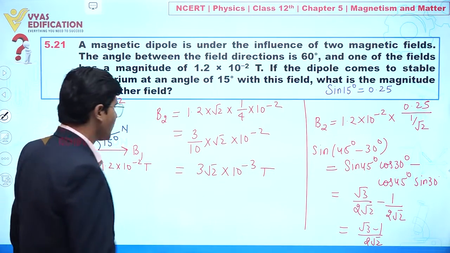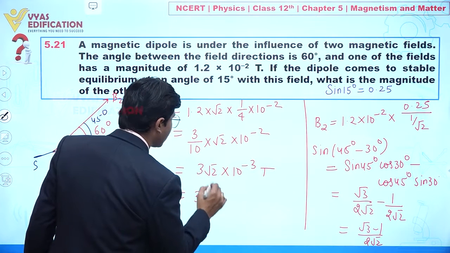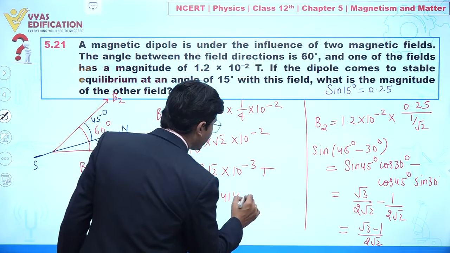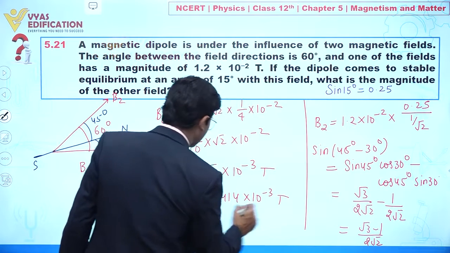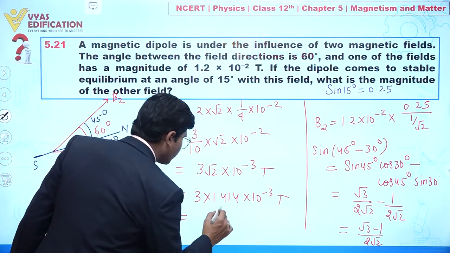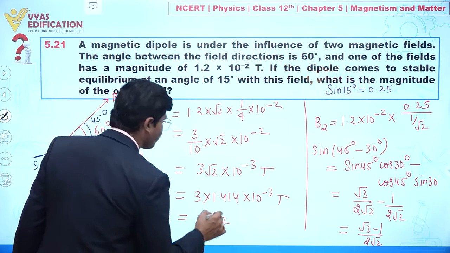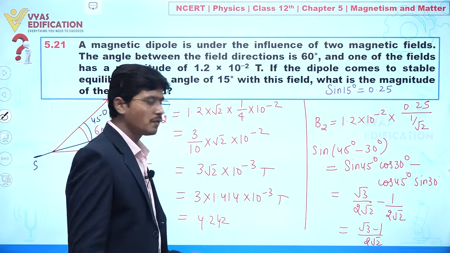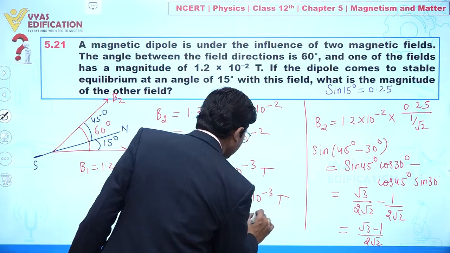That is 3 multiplied by 1.414 into 10 to the power minus 3 Tesla. If you multiply it, we get 4.242 into 10 to the power minus 3 Tesla.